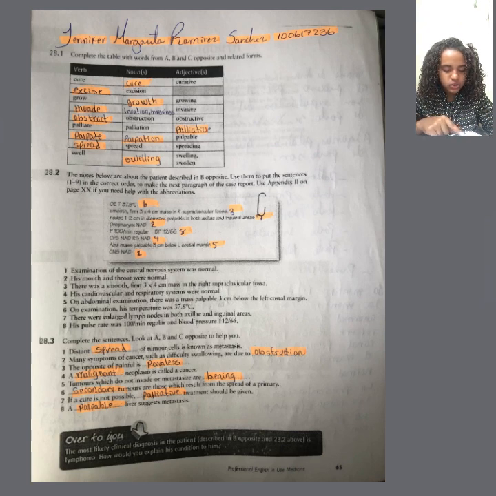Number 5. Tumors which do not invade or metastasize are benign. Number 6. Secondary tumors are those which result from the spread of a primary. Number 7. If a cure is not possible, palliative treatment should be given. Number 8. A surgeon removes liver metastases.